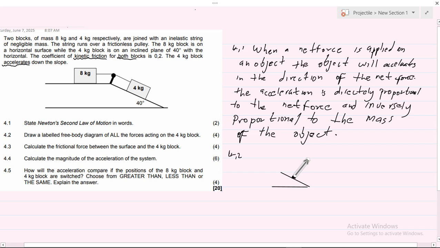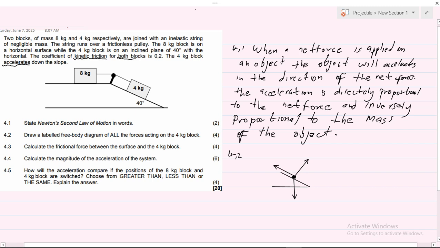The gravitational force also starts from this dot, and it must be perpendicular to the ground surface. These are the properties we use to draw the free body diagram. And then we have 2 more forces on this object. We have tension, which also starts from this dot.